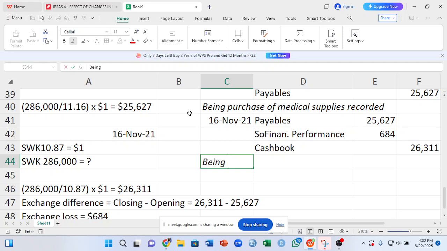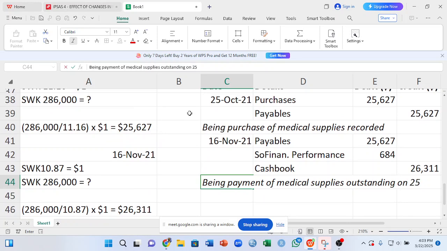Being payment of medical supplies outstanding on 25th October.